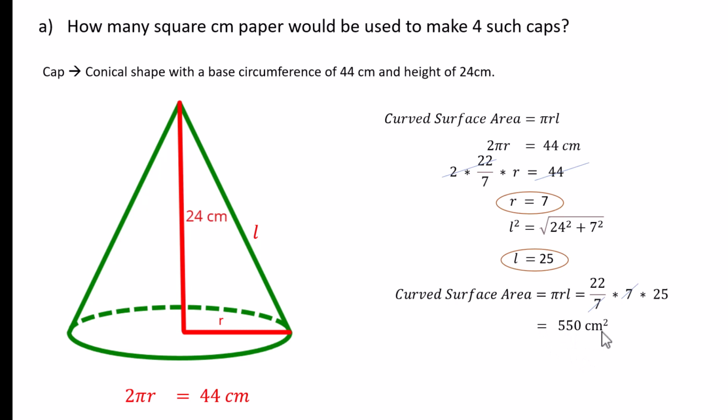So 550 centimeters square is the area of one cap. So for 4 such caps, it would be 4 into 550, which is 2200 centimeter square. So this is the area of the paper that would be required for 4 caps. Now let's go to the next part of the question.